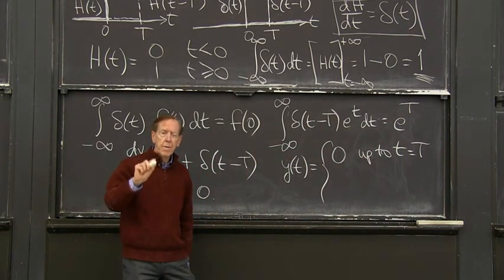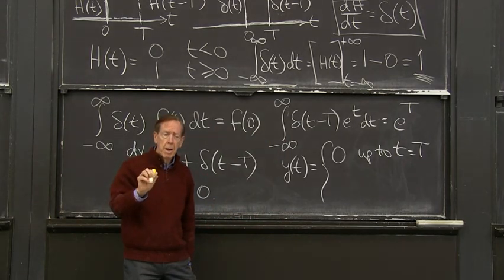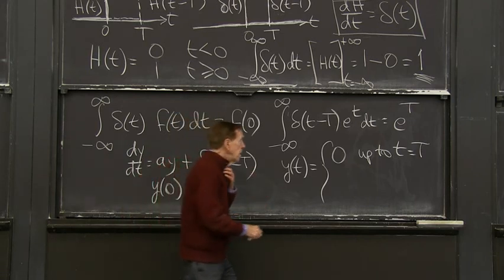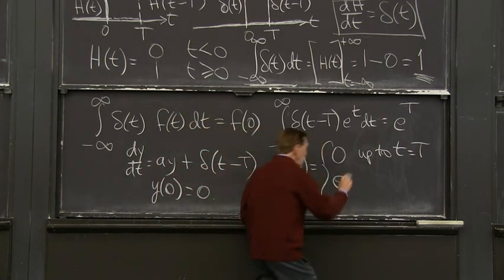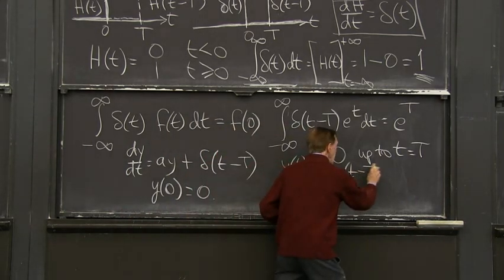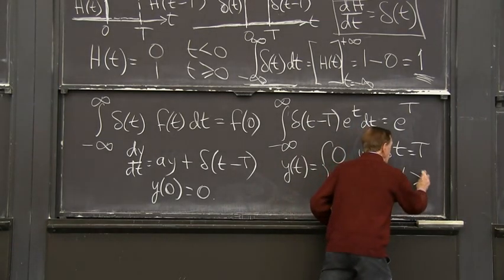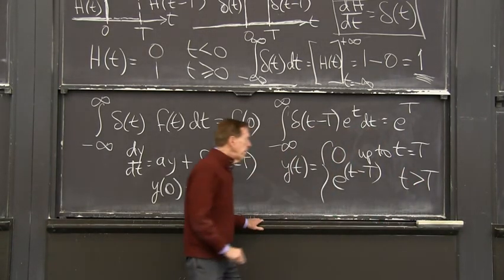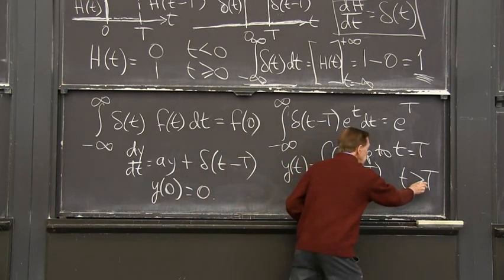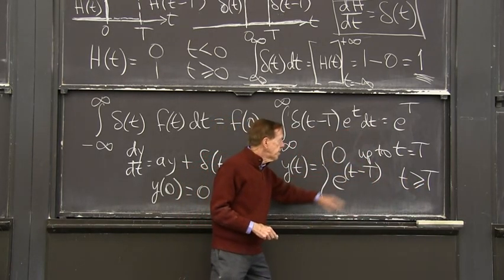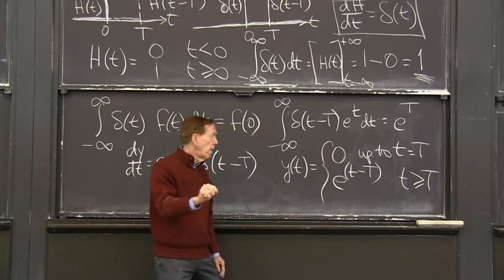And at time capital T, in goes the $1, and it grows. It grows over the remaining time, e to the t minus capital T, for t larger than or equal to capital T. When t and capital T are equal, that's e to the 0, that's our $1, just gone in.